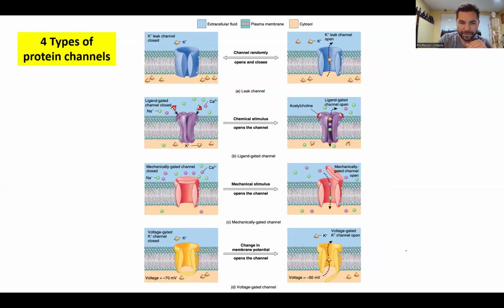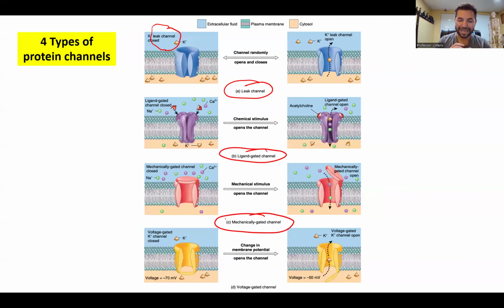We talked about leaky channels, the potassium that's constantly moving back and forth, the sodium that's constantly moving back and forth. So these are called leak channels. We talked about ligand-gated channels.